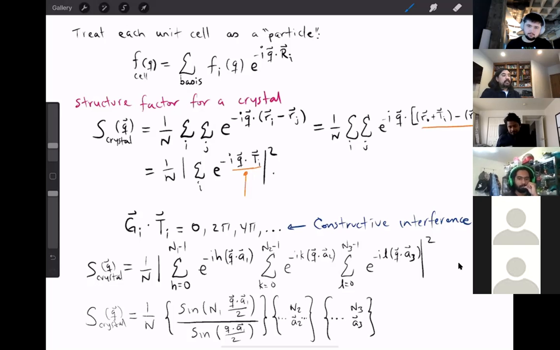So those would be after you do the summations and interference. In each of the bracketed terms, we have the interference of waves by a single line of equally spaced particles, except that our particles are not really particles, they're unit cells, right? And if you look at it, this is what Laue was doing, right? Laue was grabbing something from optics that we know really well.